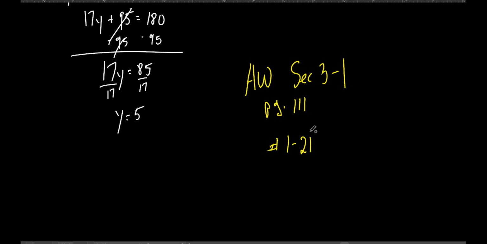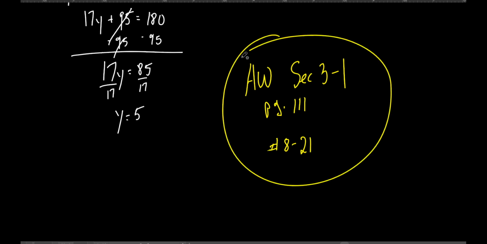Wait a minute. Actually, instead of 1, let's go 8 to 21. I had 1 to 21 in my notes, but on the lesson plan, I revised it and made it 8 to 21. It's really sloppy. So 8 to 21, that's your homework, and that is due on Monday.